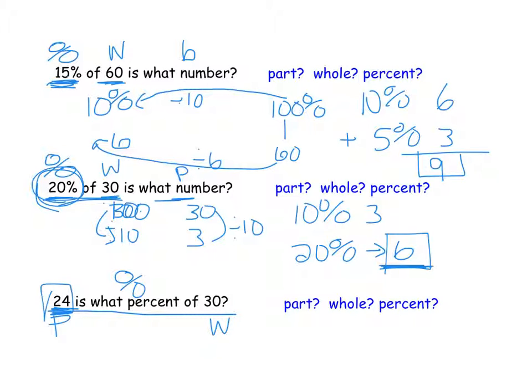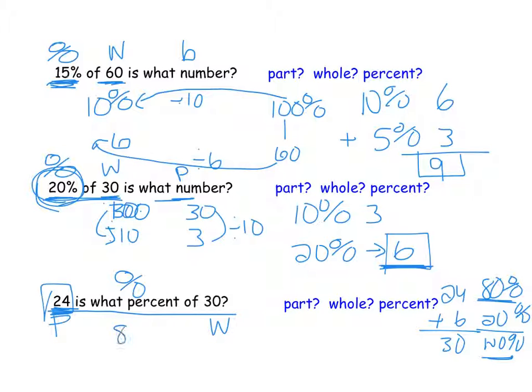This is 24, so 24 plus 6 equals our complete 30. So this was 20%. We know that 30 is 100%. So what number plus 20% gives us 100%? That's 80%. So you kind of have to work backwards sometimes.